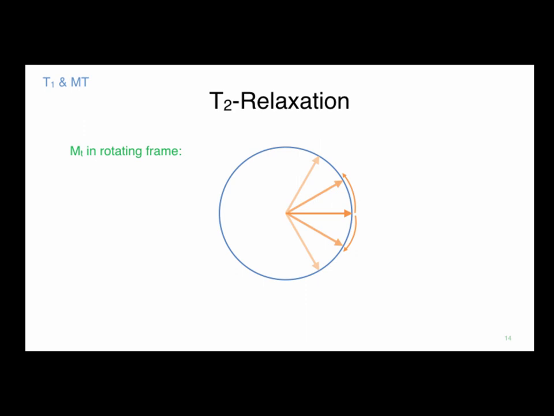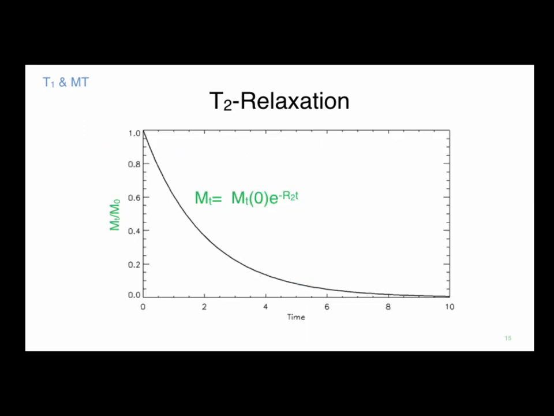Some spins rotate fast, other spins rotate slower. So in a co-rotating frame where the average of the spins is stationary, you will see that the spins in the transverse plane start to disperse. So the vector sum of all this magnetization decays over time. Now this decay is called the T2 relaxation.